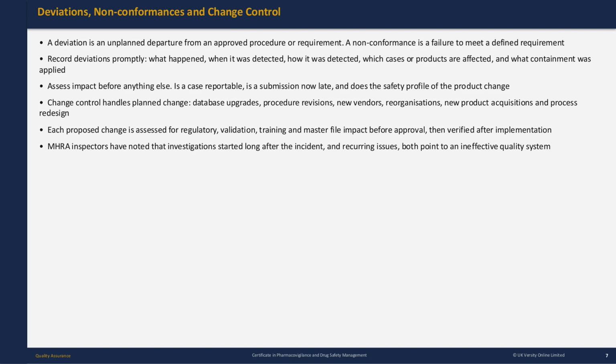Assess impact before anything else. Is a case reportable? Is a submission now late? And does the safety profile of the product change? Change control handles planned change: database upgrades, procedure revisions, new vendors, reorganizations, new product acquisitions, and process redesign.